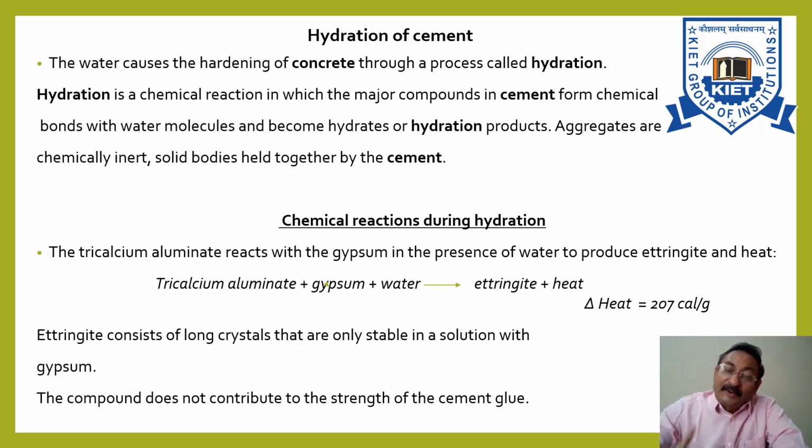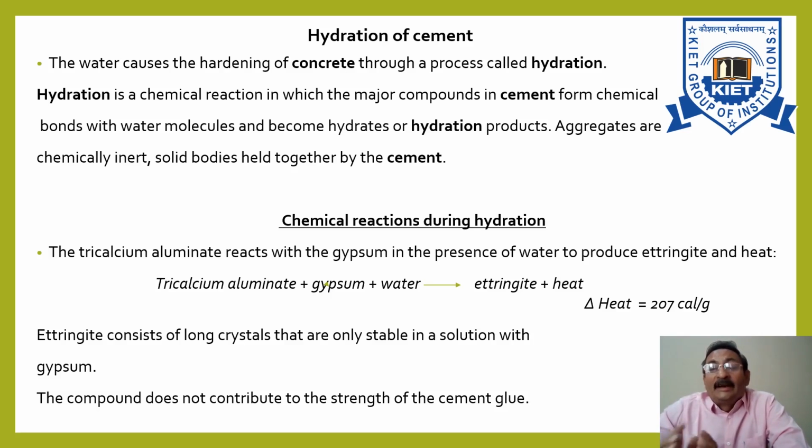This liberation of heat is known as heat of hydration. After 28 days of curing, cement grains have been found to be hydrated up to a depth of 4 microns.